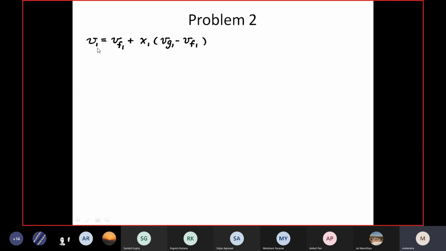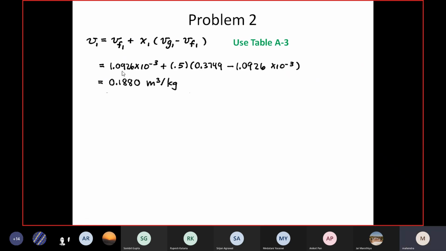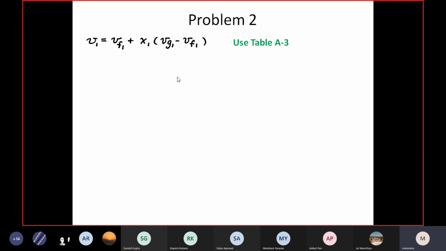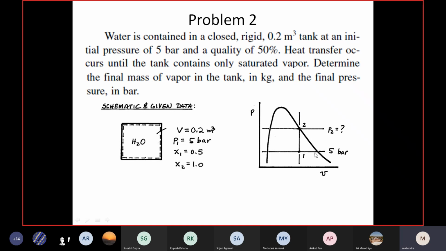Then how will we solve this problem? Initially we have to calculate from table A3. VF1 and VG1, how do we know them? At 5 bar pressure initially, we take VF and VG.